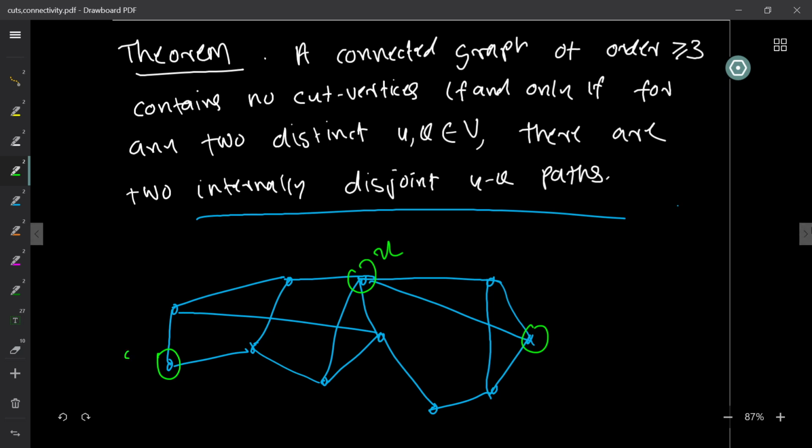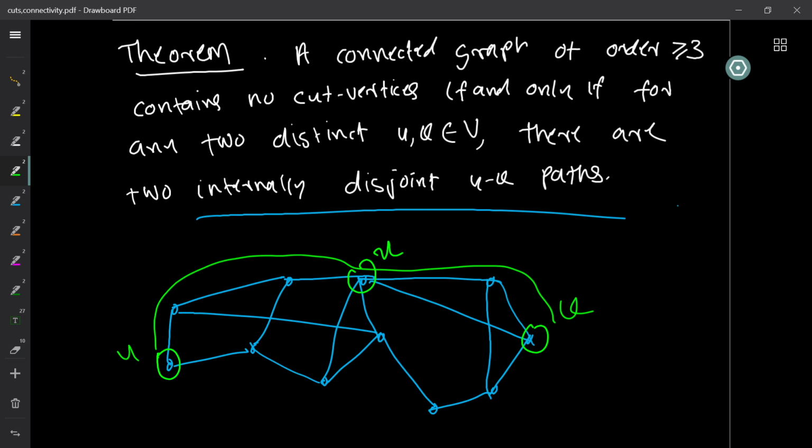So if I pick any two vertices, not x and y, but u and v, then you know that there are two internally disjoint paths between u and v in the graph. Which means that maybe one of the paths is using the vertex x, but then the other path cannot use the vertex x because the paths are internally disjoint.